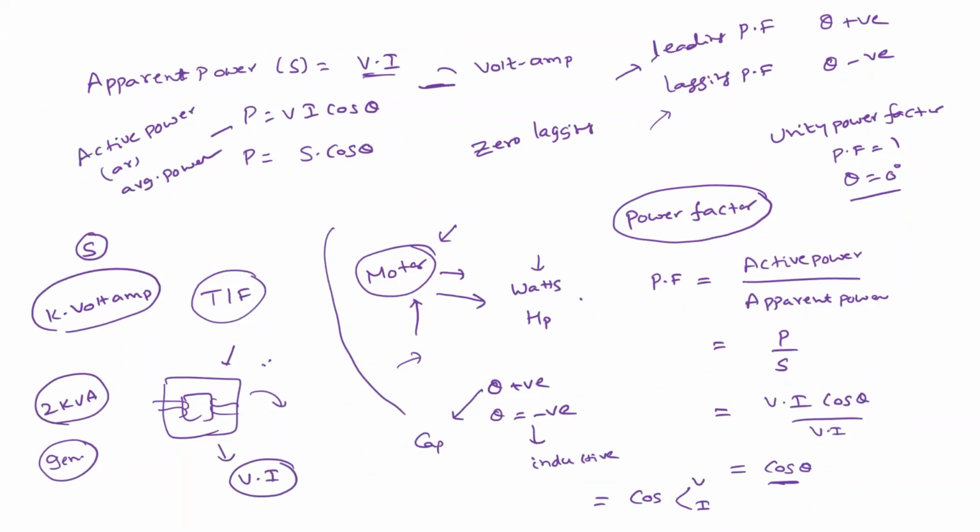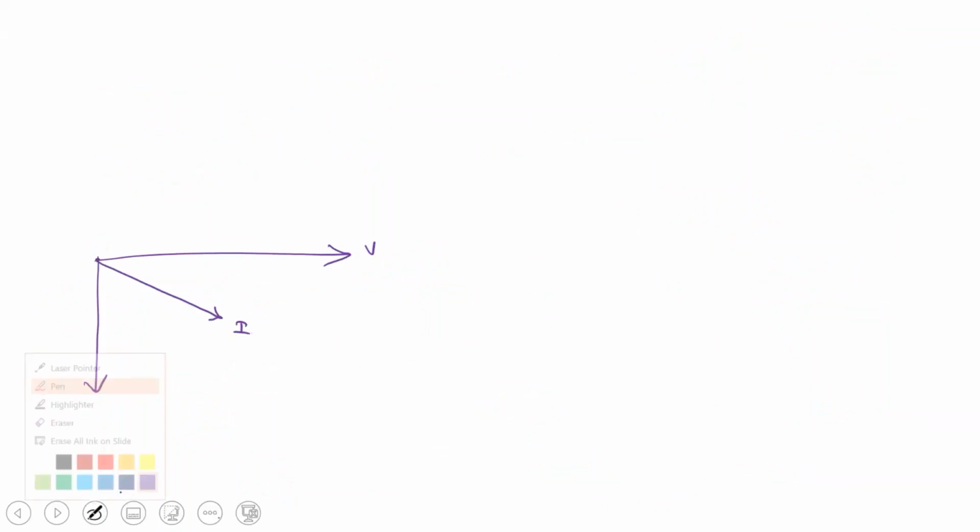So why is it active power? That we'll discuss now. You have something like this. This is the voltage vector V, and this is the current vector I. This is lagging and makes some angle theta, for example.